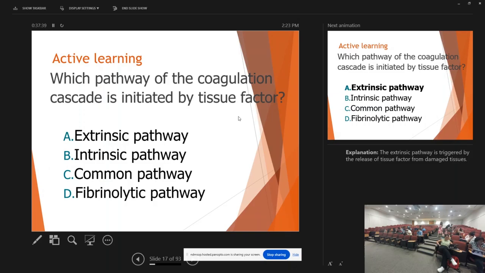C. Why was the final step in coagulation? You're not going to work in silos. Yes. And then you get to the fibrinogen.